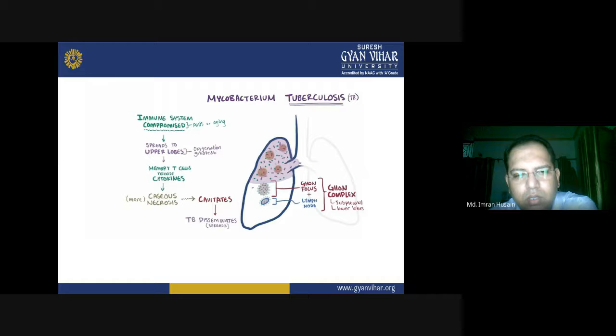More seizures, necrosis, and cavities develop. TB spreads through the Ghon focus plus lymph nodes, the Ghon complex, to the superior and lower lobes. So in a very simple manner, they are explaining that the tuberculosis infection starts from the upper part of your respiratory system and then spreads towards the lower part of your respiratory system.